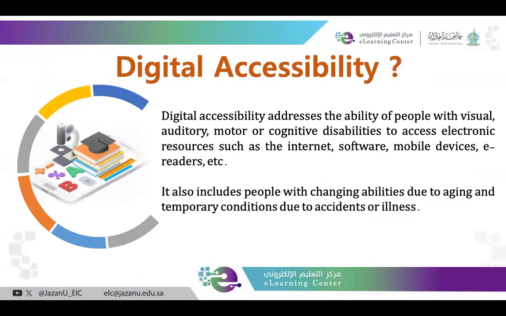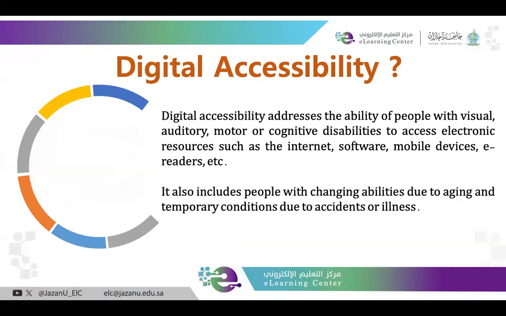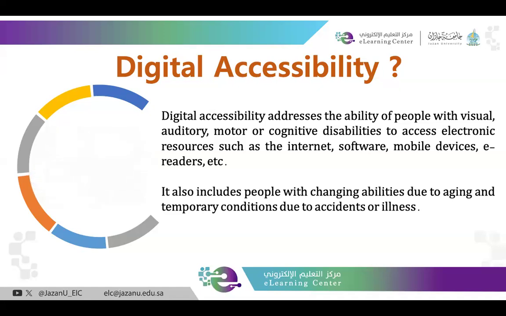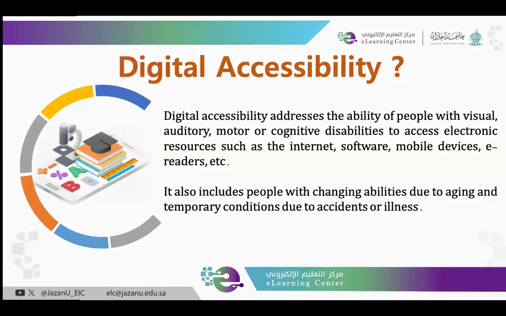Digital accessibility addresses the ability of people with visual, auditory, motor, or cognitive disabilities to access electronic resources such as the internet, software, mobile devices, and e-readers. It also includes people with changing abilities due to aging and temporary conditions due to accidents or illness. So these are all the perspectives which need to be catered for in digital accessibility.